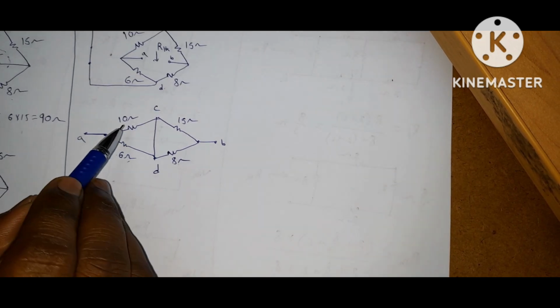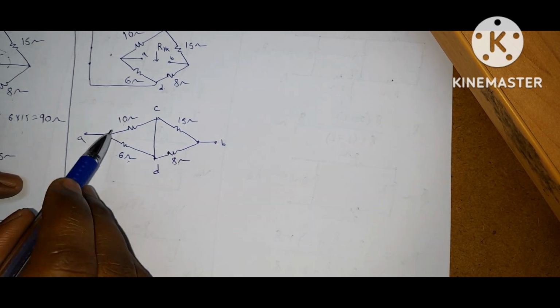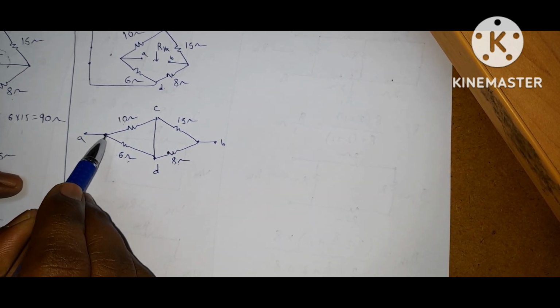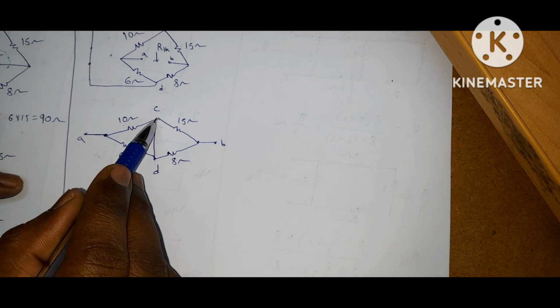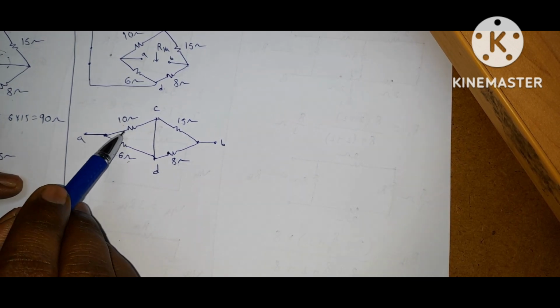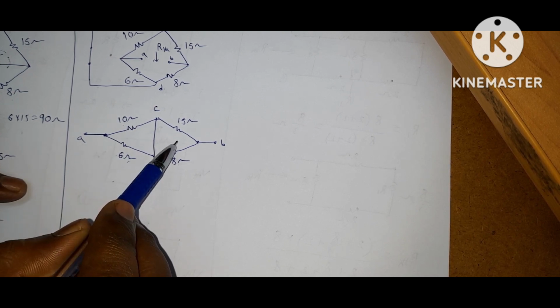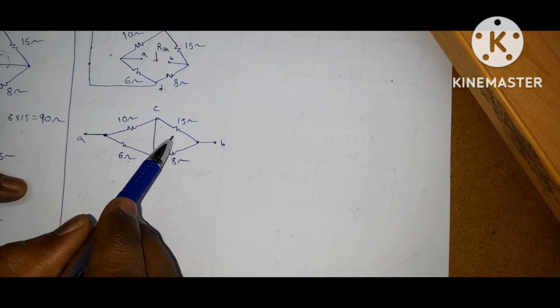Now if you observe this, 10 ohms and 6 ohms are in parallel. This is a common node for these two resistors and this is a common node. It is a short circuit, and short circuit means a common node. So these two resistors are connected in parallel and these two resistors are connected in parallel. The combinations are connected in series.